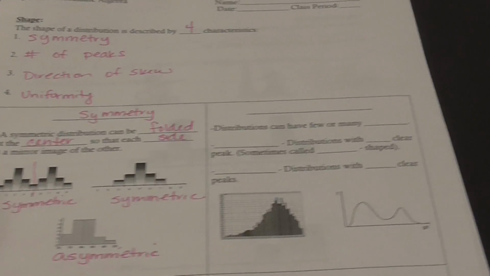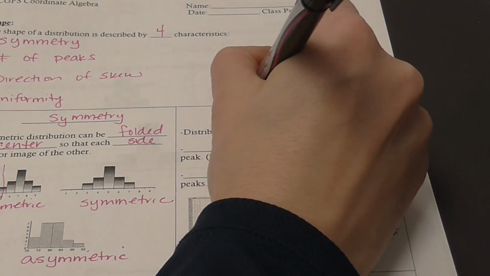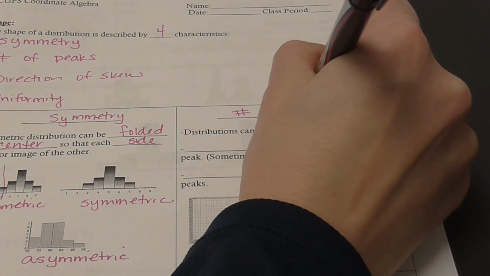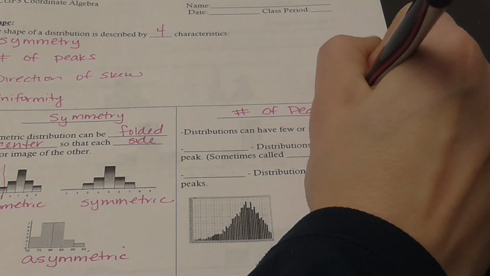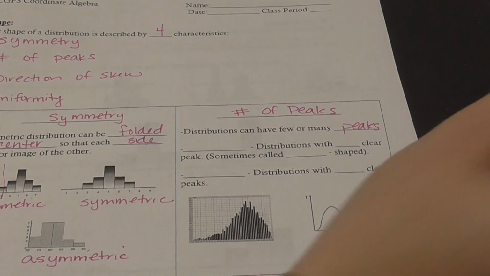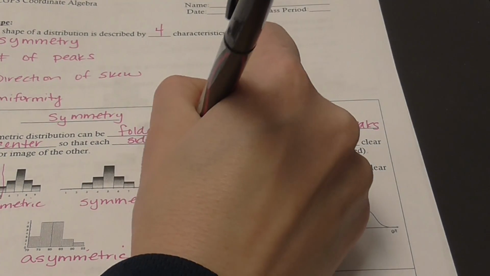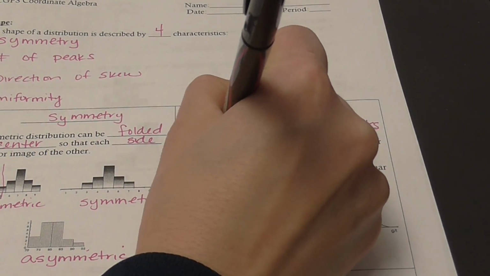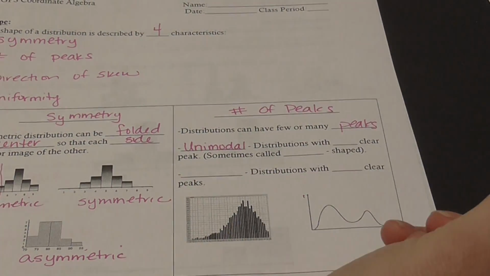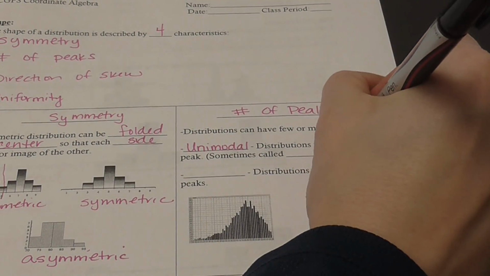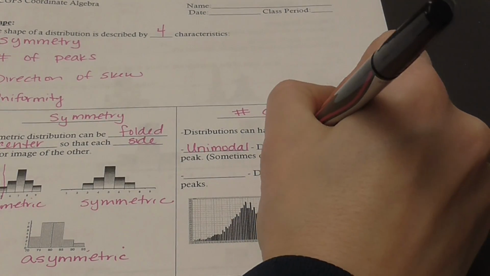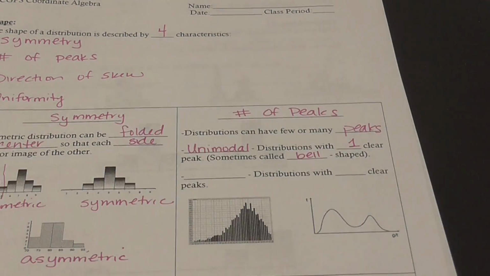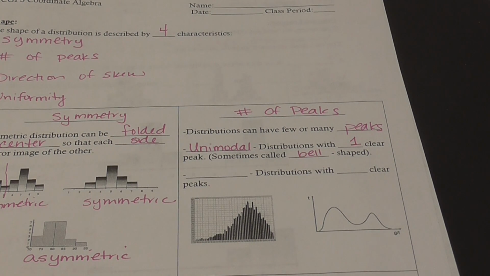Okay? The number of peaks. Distributions can have very few or very many peaks. A unimodal distribution is a distribution with one clear peak. Sometimes it's called bell-shaped. You ever heard of a bell-shaped curve? That's what it's referring to.